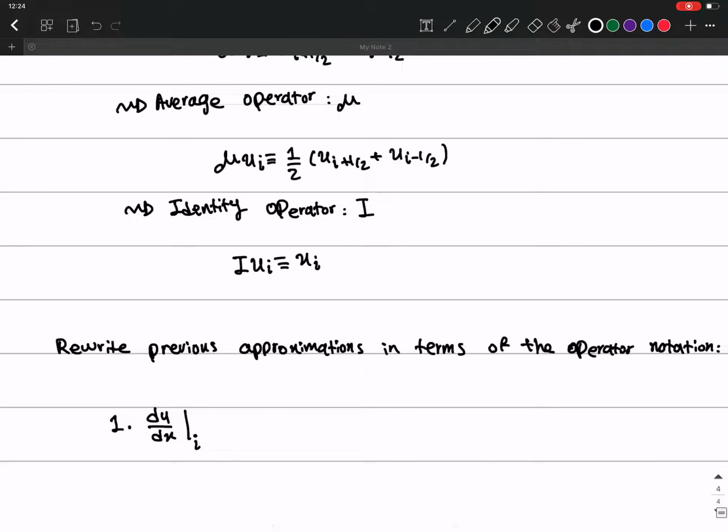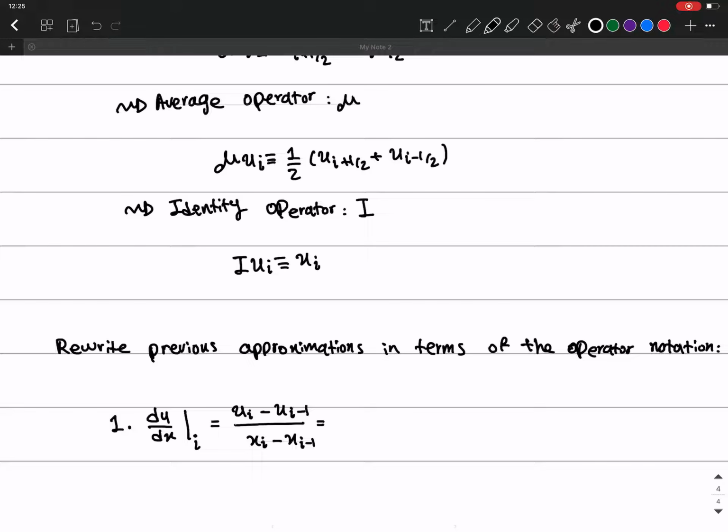So let me first write the approximation that we had: ui minus ui minus 1 over xi minus xi minus 1.